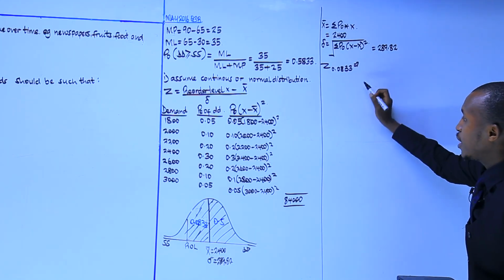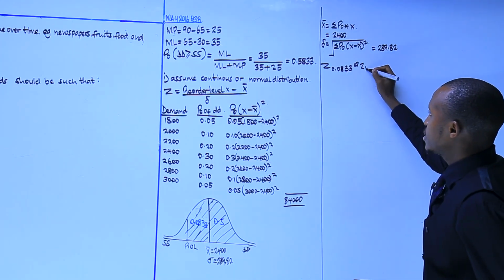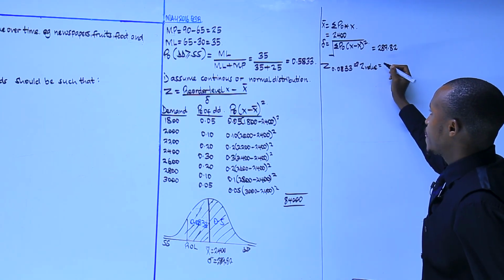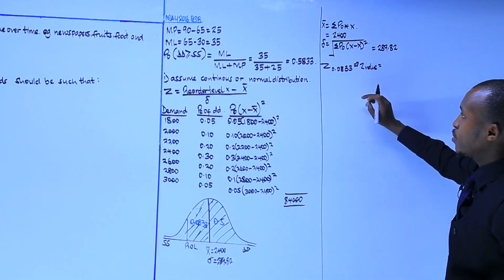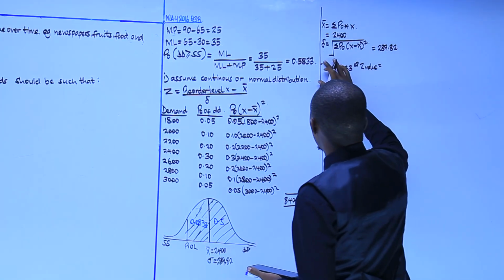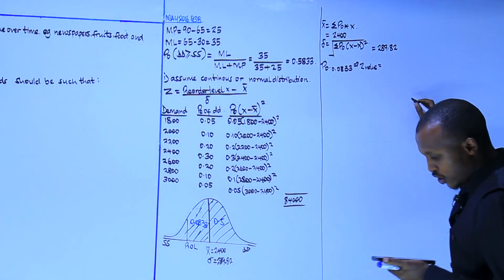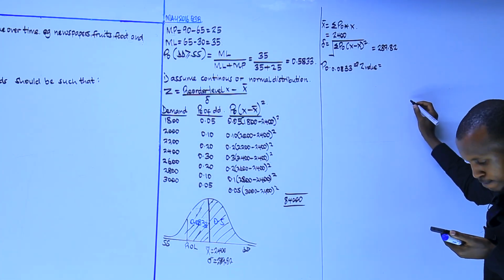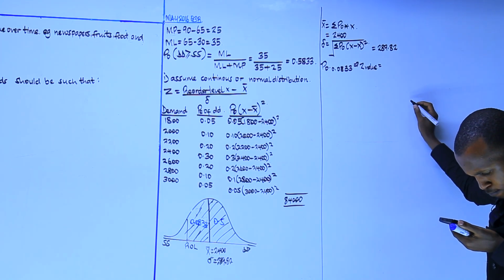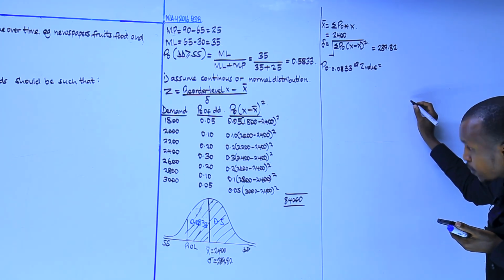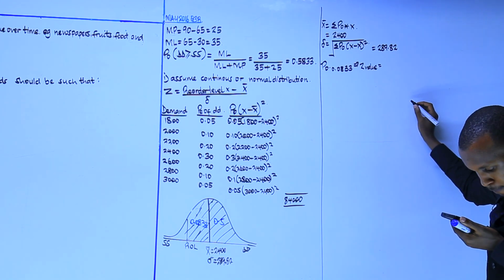So the Z value, given your probability, is 0.08.